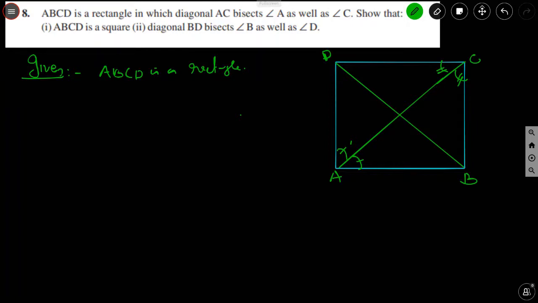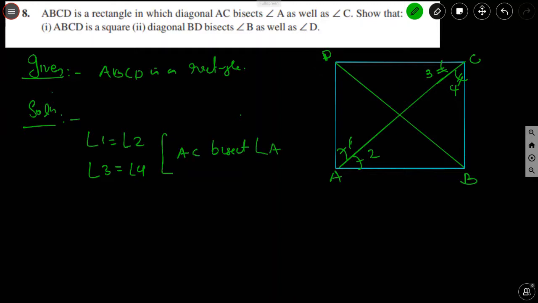So let us write here angle 1 is equal to 2, 3 is equal to 4 first. That's given. The reason is AC bisects angle A as well as angle C. If 1 is equal to 2, 3 is equal to 4, at the same time angle 3 is equal to 2 and angle 4 is equal to 1.